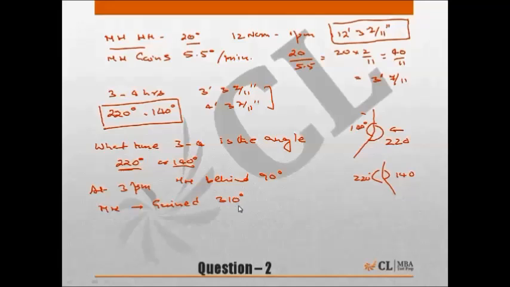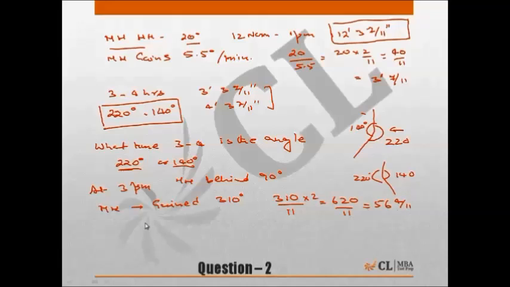How much time will it take to gain 310 degrees? It gains 5.5 degrees in 1 minute. So divide by 5.5, or it is nothing but divide by 11 into 2, which is equal to 620 by 11, which is nothing but 56 4 by 11.